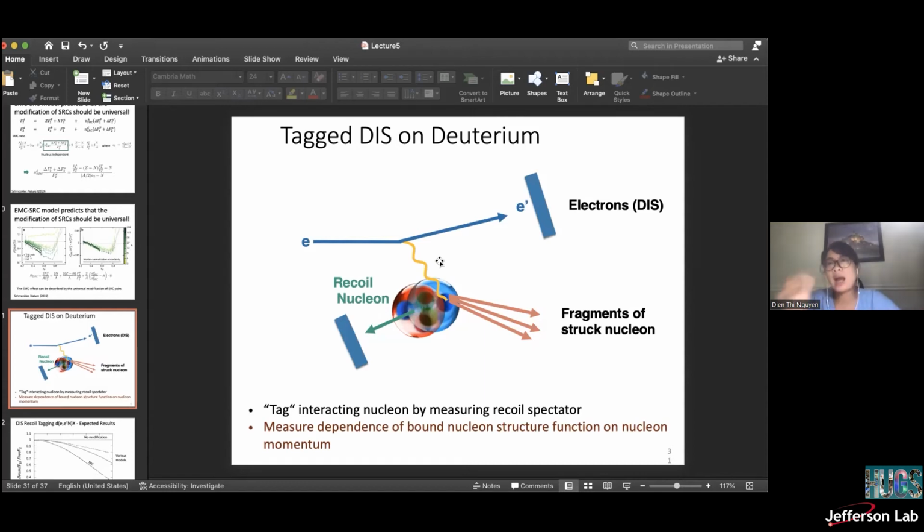And on the other side, if we detect the recoil proton, we know that the nucleon in the interaction is the neutron. So with tagged DIS from the deuteron, we will have much more information about which nucleon is in the interaction to study the EMC SRC effect.